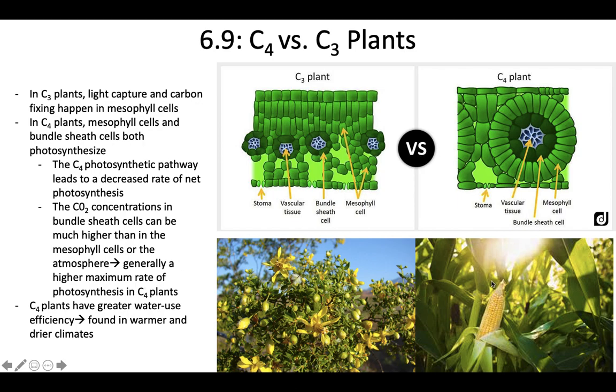Corn's a perfect example of that. C4 plants also, because of this cellular morphology and physiology, have greater water use efficiency in the environment, so they're found in warmer and drier climates typically. So C4 photosynthesis is an adaptation to warmer and drier climates.